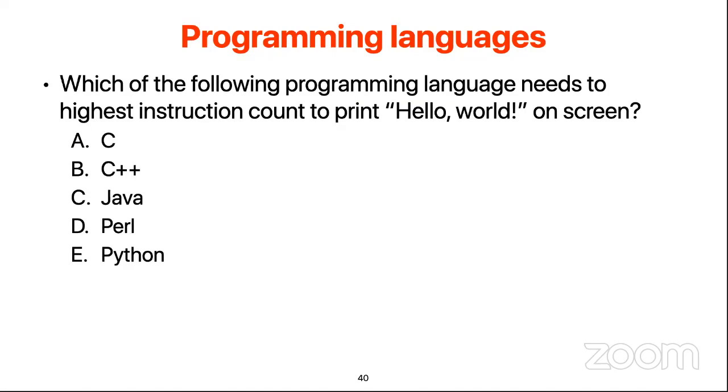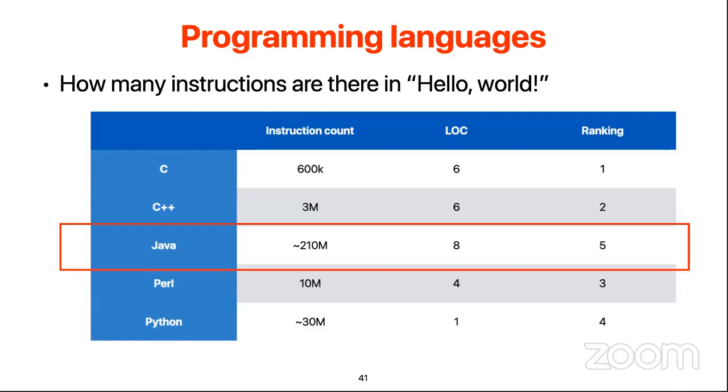But from my perspective, the worst programming language would be Java, because if you look at the instruction count, Java actually generated a lot and used the hugest number of lines of code by human beings. So not good for you, not good for a computer. Why bother using Java? Well, Java has other advantages, but definitely not in terms of performance.